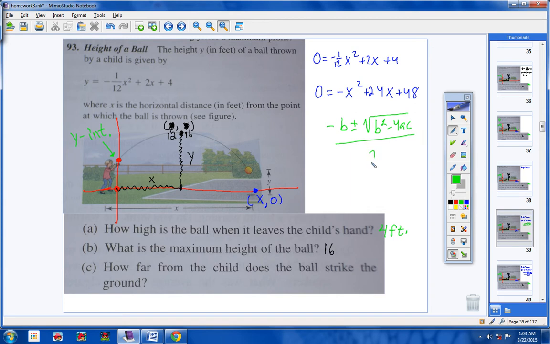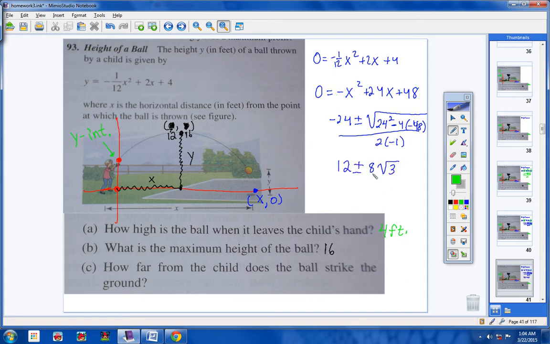Now you're pre-cal students, so I don't reteach this material. You should know by now how to use the quadratic formula. This is your a, negative 1 is your a, positive 24 is your b, positive 48 is your c. Okay, negative 1 is your a. So if you make those substitutions correctly, it'll look like this. Negative 24 for your b, put your b right there, and there's already a negative sign, then b squared minus 4. Now where'd I get 48? AC, a times c, negative 1 times 48, negative 48, all over 2 times a, 2 times negative 1. If you simplify, you will get this.